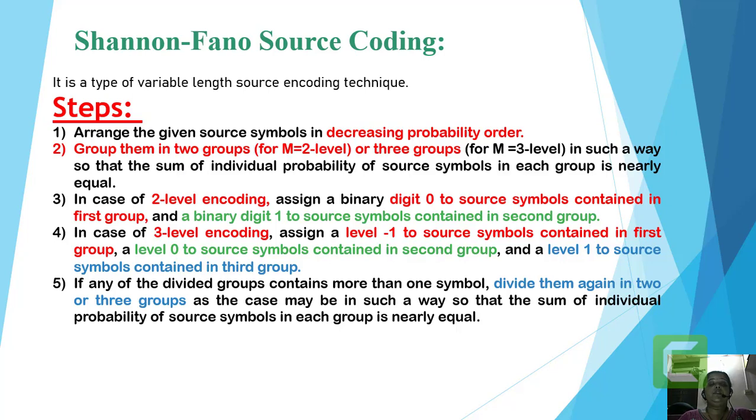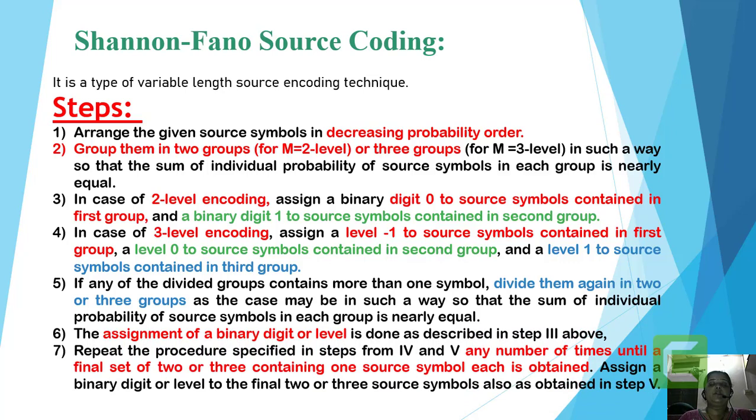This type of division into groups we have to continue until every group contains only a single symbol, and the assignment of binary digit or level for each of the subgroups will also continue as mentioned in steps 3 and 4. We continue this process until only one source symbol exists in each group.